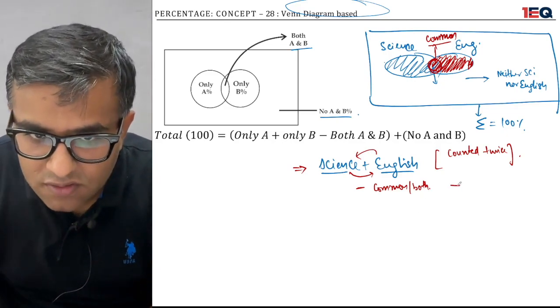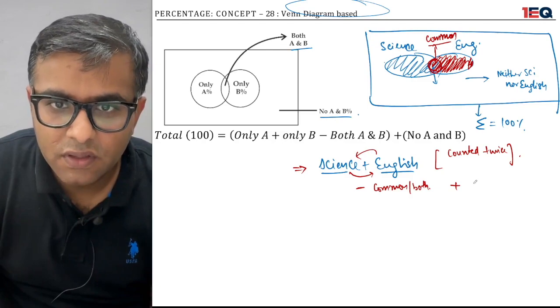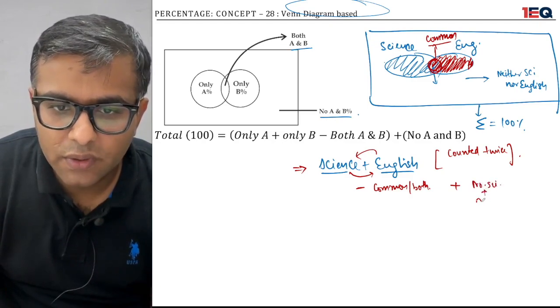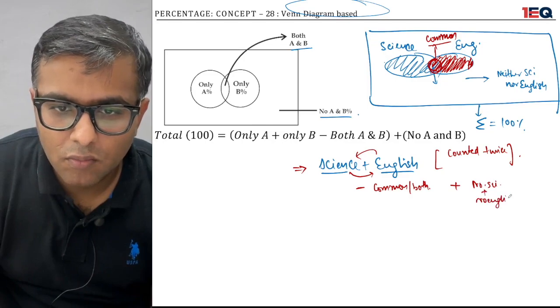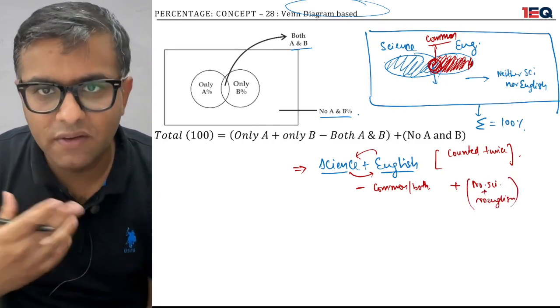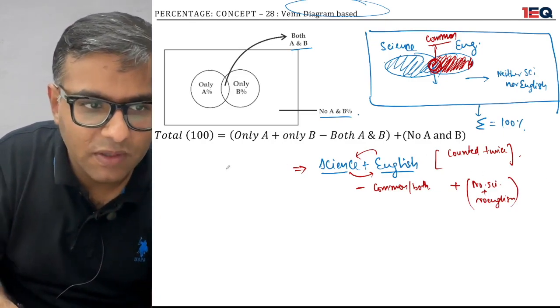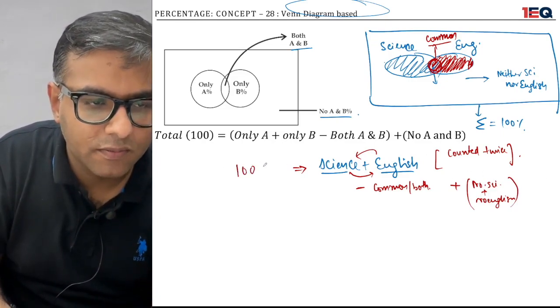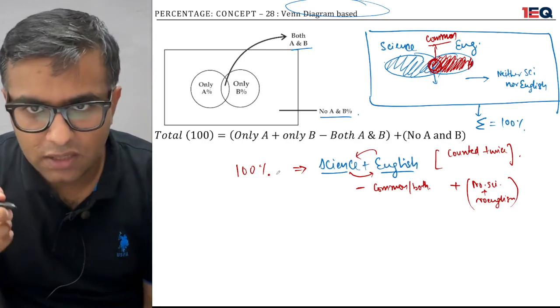And when I also add the component of no science plus no English, or I say only the students who love to play, this would give me the 100% of an entire classroom.